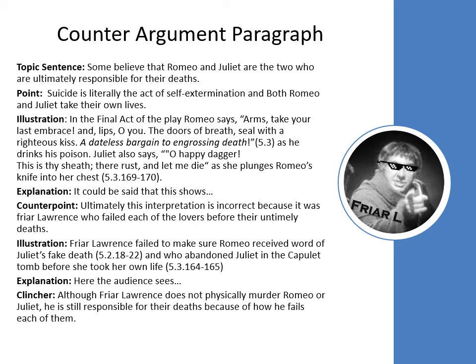So here the audience sees, and then I'm going to go back and explain. Friar Lawrence is the one who didn't get Romeo the information that Juliet wasn't really dead, and that's why Romeo dies. Friar Lawrence leaves Juliet alone in a tomb surrounded by the dead body of her cousin, the dead body of her husband and lover, and the dead body of the man who wanted to marry her.